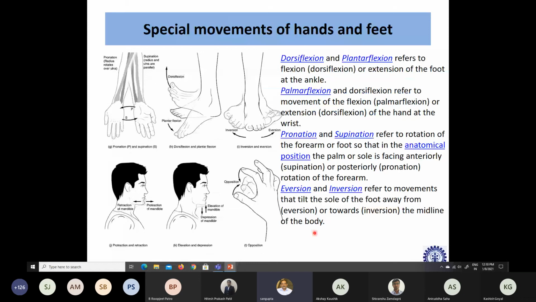Now special movements of the hands and feet, as I was telling you, the terms say pronation, supination, dorsiflexion, plantar flexion. So these are special movements of the hands and feet.